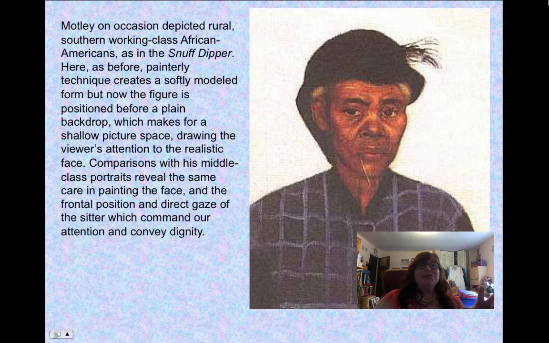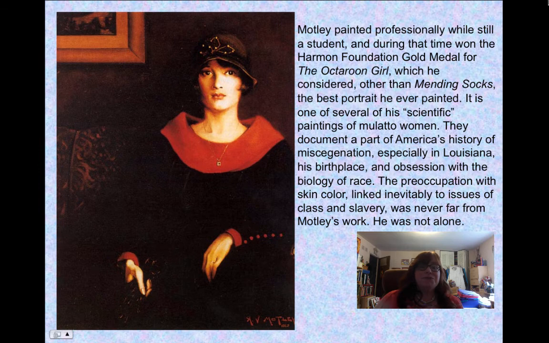And then on occasion, he would also depict more rural Southern working class African Americans. This is the Snuff Dipper. And so now, if we compare these two, looking back at this one, she's got more of a dark background and also a background that has details to it, such as there's a framed picture in the background.